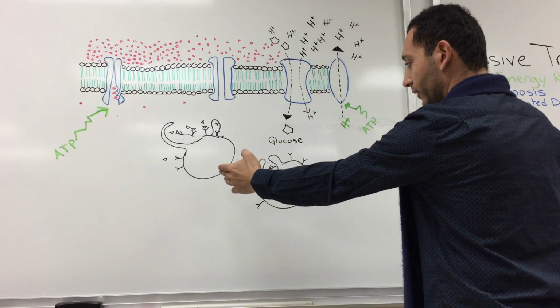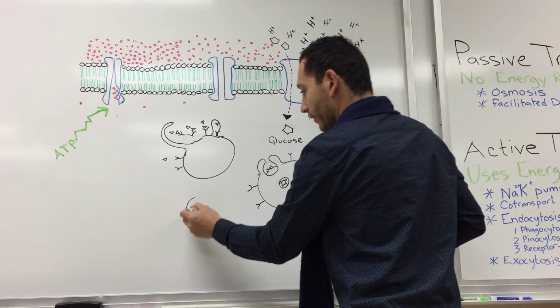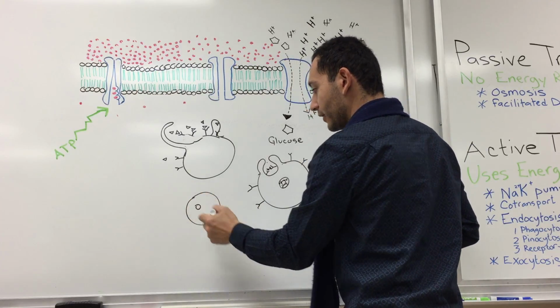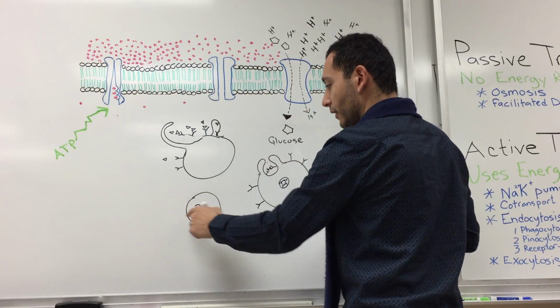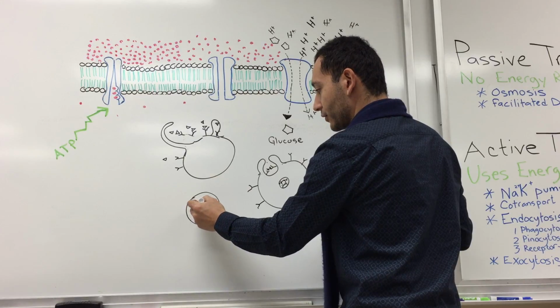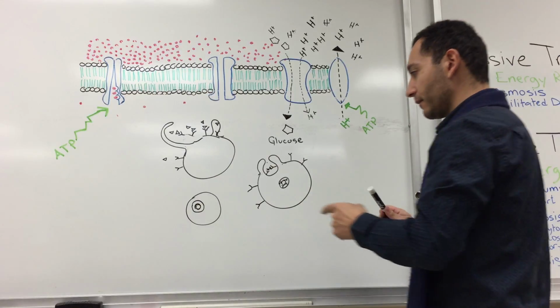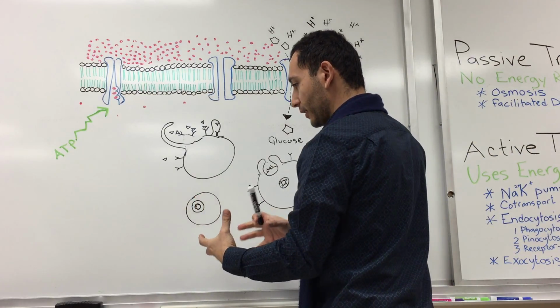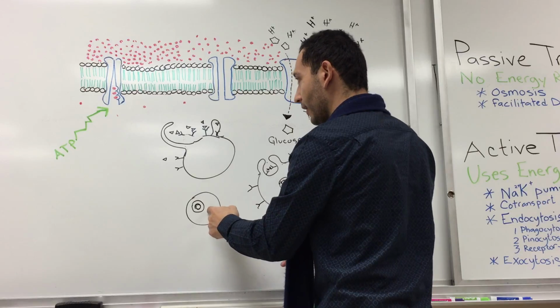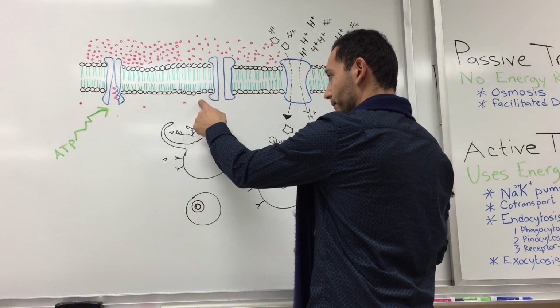And it really works the same way. You have a package that needs to get out of the cell. The package is wrapped in a vesicle, and the vesicle, the little package itself, the envelope, is made out of phospholipids.